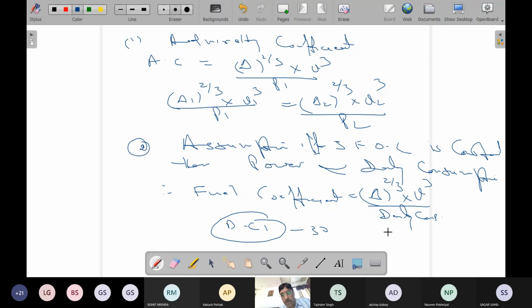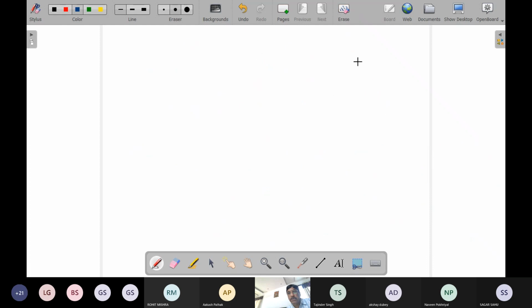And if I know the daily consumption in the second set of values, I will write DC2, which may be known or may not be known. Similarly, delta 1, delta 2, V1 is the speed in one condition, V2 in the second one, P1, P2, like this only.